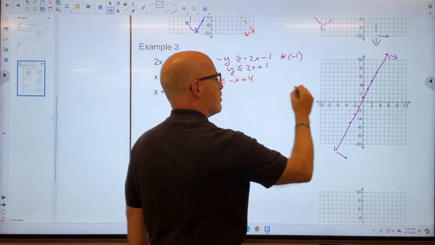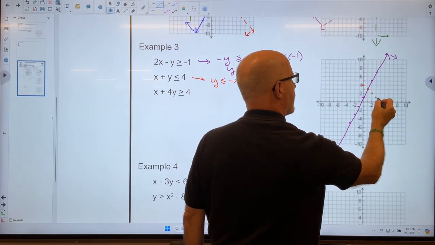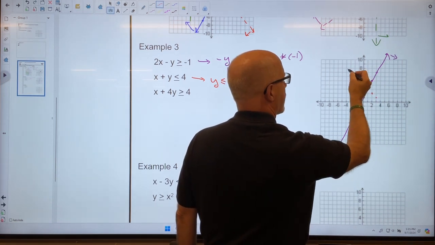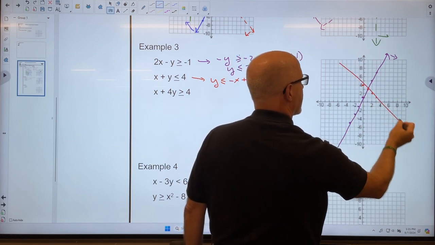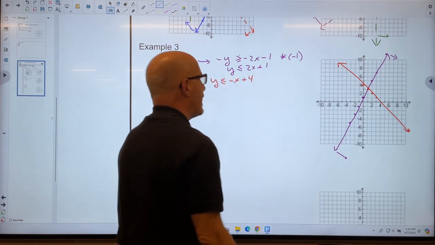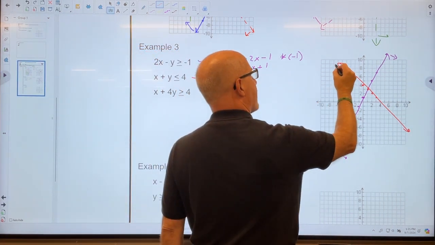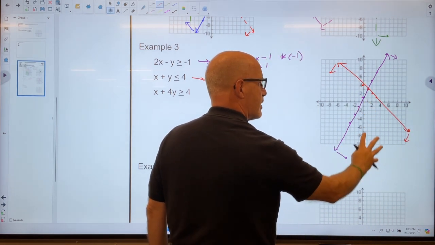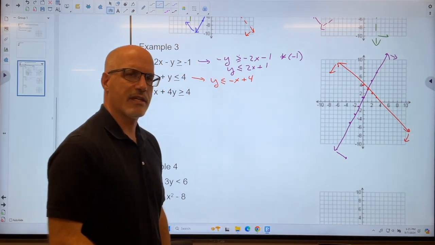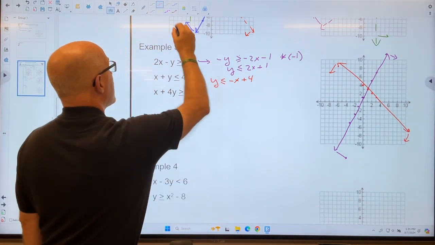And I'm going to go down 1 over 1, down 1 over 1, down 1 over 1, and draw a solid line. And now this one is less than or equal to, so I'm going to be shading on this side of it. Notice so far I've got this region down here that will be shaded because that's where those two are going to overlap.